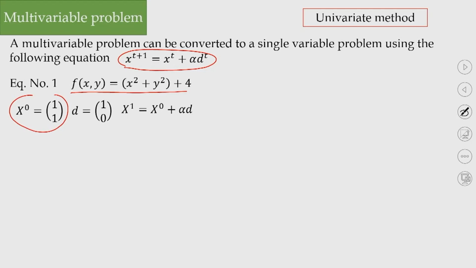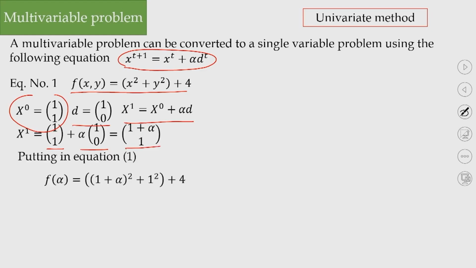From this point I would like to start the search process. The direction initially is (1, 0), that means you are going along the x direction, and x1 = x naught + alpha d. So if I put it, this is my x naught, this is alpha, and the direction is (1, 0). So I am getting (1 + alpha, 1).